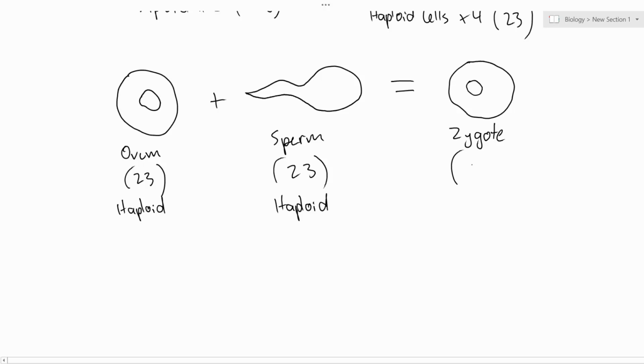It's the very initial starting point of a new baby or new offspring, human offspring. And this will now be a diploid cell because it contains a full set of chromosomes, half from the ovum, half from the mother, and half from the sperm, so half from the father.